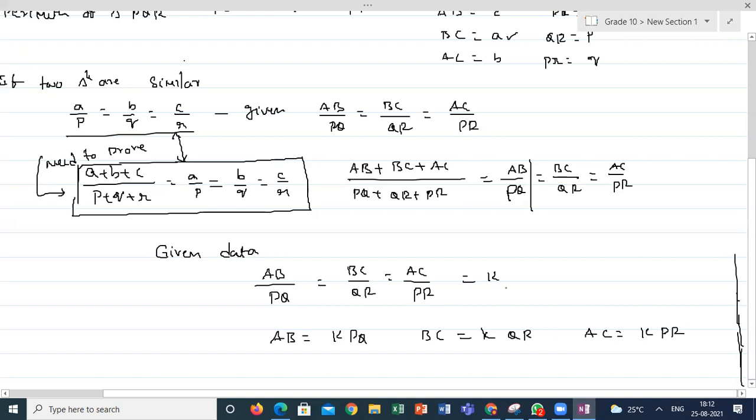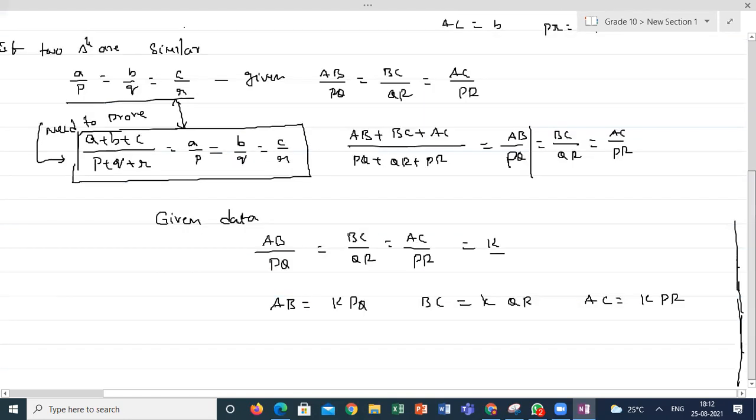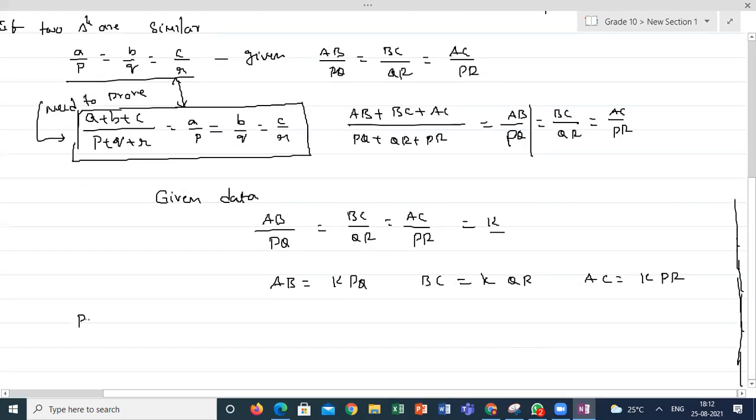That means AB by PQ is equal to K, BC by QR is equal to K, and AC by PR is equal to K. These are all the same statements. So what is the perimeter of triangle ABC?